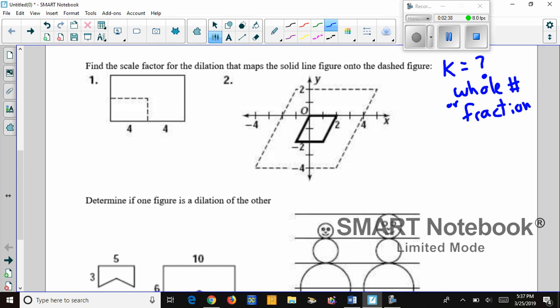Let's go ahead and look at number 1. The solid line figure is this larger rectangle, and we see at the bottom it has 2 measurements, 4 and 4. What that means is the total length there is 8.